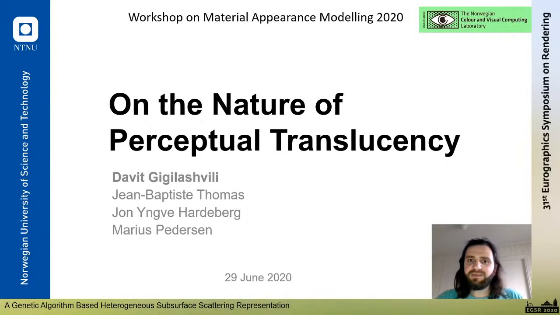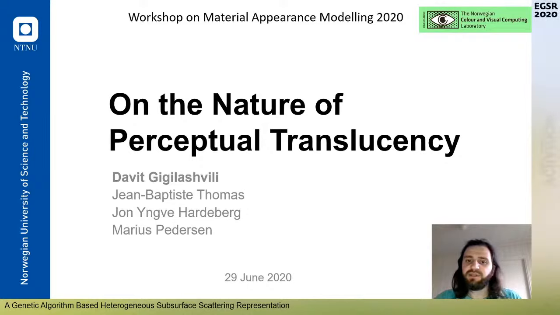Hello, my name is David Gigilashvili, and I'm going to present my position paper about translucency perception. It's called On the Nature of Perceptual Translucency, and I co-authored this paper with Jean-Baptiste Thomas, Yngve Hardeberg, and Marius Pedersen.